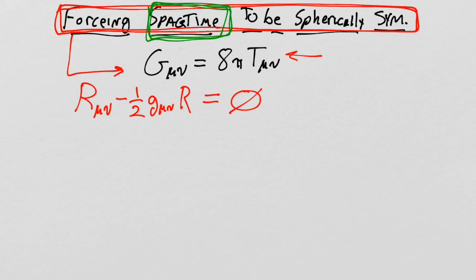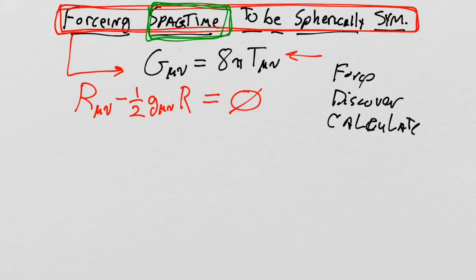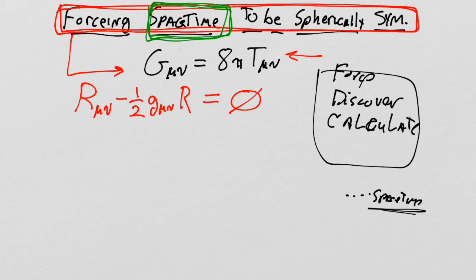When we say we are going to force space-time to be something, discover what space-time is, or calculate a space-time, all these words you might ever use that precede space-time, you might as well replace space-time with the word metric, because that's ultimately what space-time is.